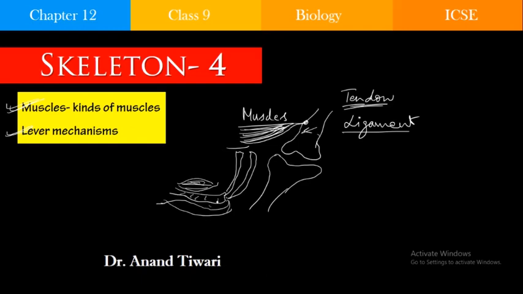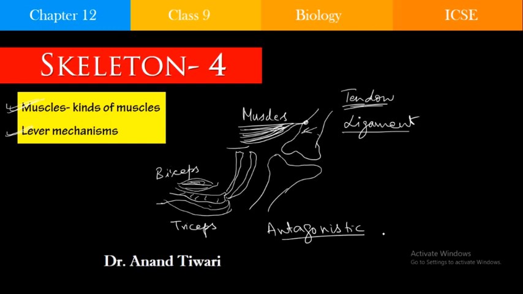So this is the bone. These biceps and triceps are antagonistic muscles. Antagonistic means opposing in nature.